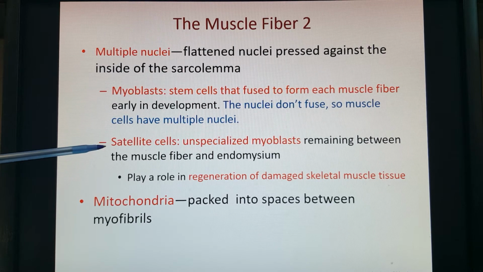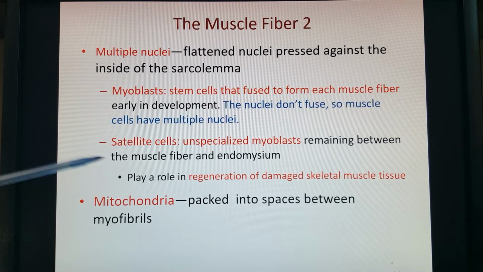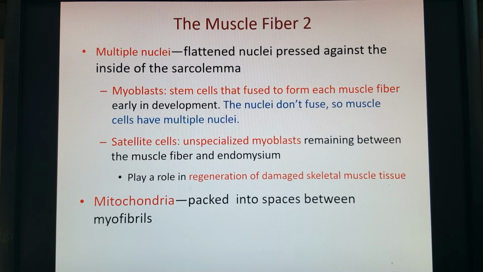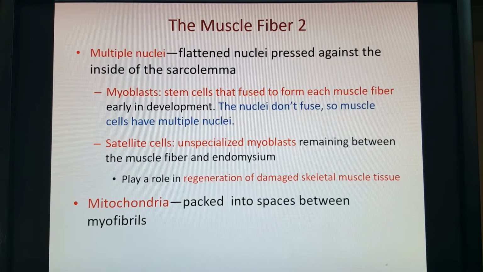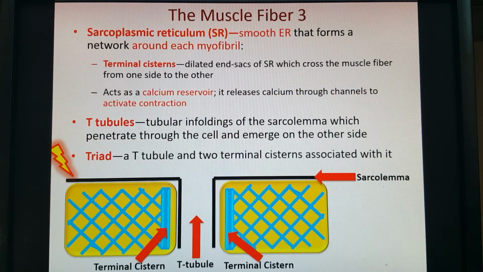Also in our muscle tissue, we do have satellite cells that will eventually become myoblasts, so you can make more skeletal muscle cells. So let's say you have some kind of damage to your muscle tissue. It's these cells that are going to replace your skeletal muscle cells. Mitochondria is still called mitochondria, but we need big mitochondria to make plenty of ATP for contraction.